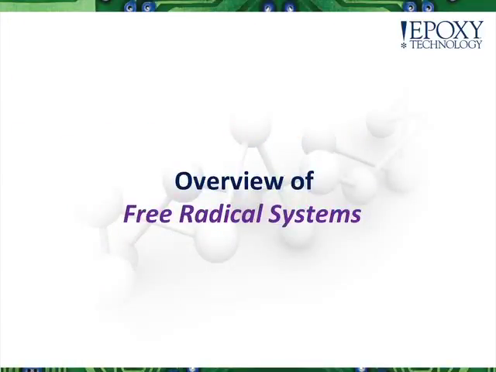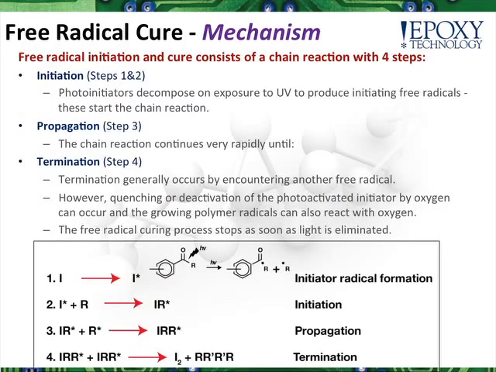Now over to the UV free radical acrylates. UV free radicals, most commonly known as acrylate systems, are very fast curing UVs. You can see here the mechanism for how they're actually curing. UV light comes in and creates a free radical that starts a chain reaction that polymerizes or propagates down the chain of monomers, almost like a zipper.